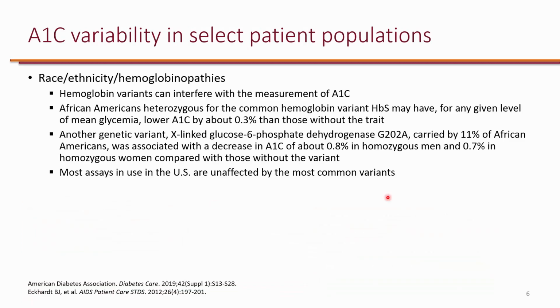Furthermore, there's variability in A1C depending on race, ethnicity, and hemoglobinopathies. For example, higher A1C levels in African Americans than in whites have been reported at a given mean glucose concentration. However, most assays in the US are unaffected by most of these variants.